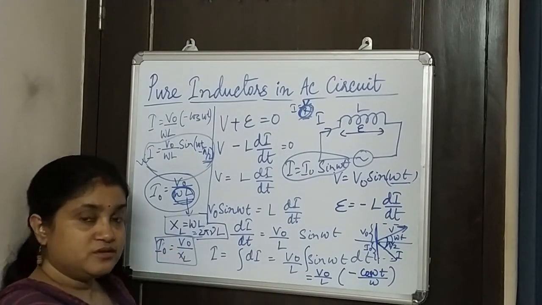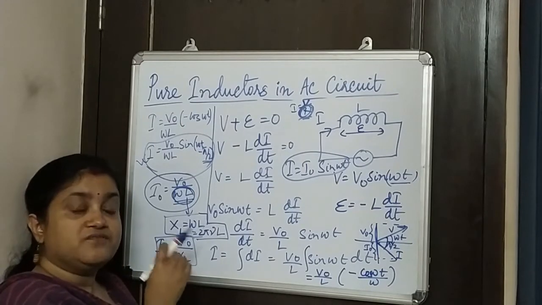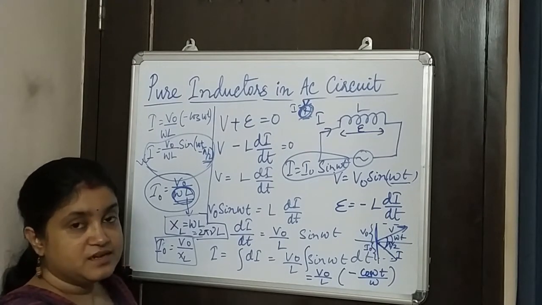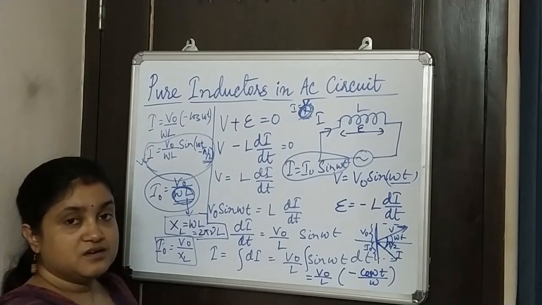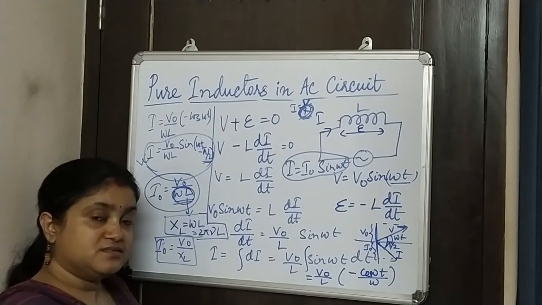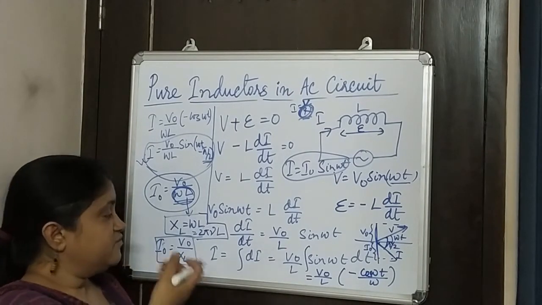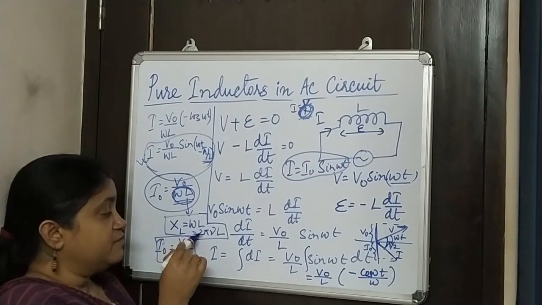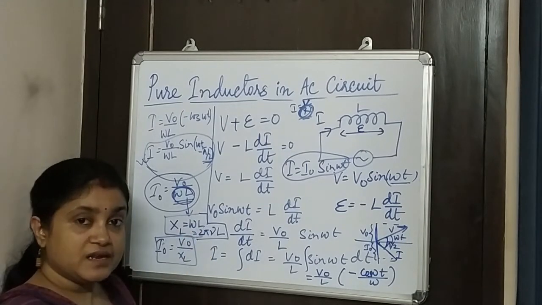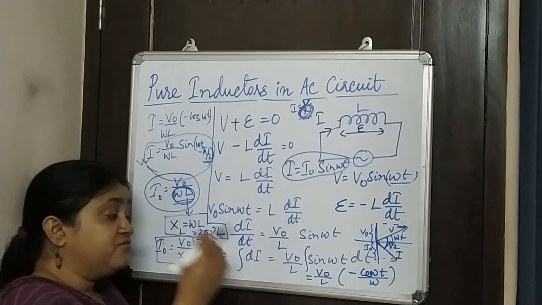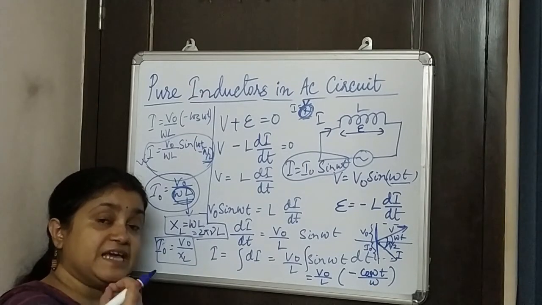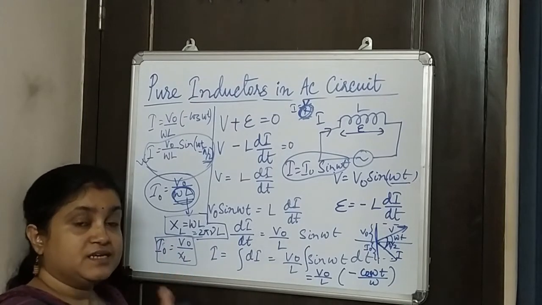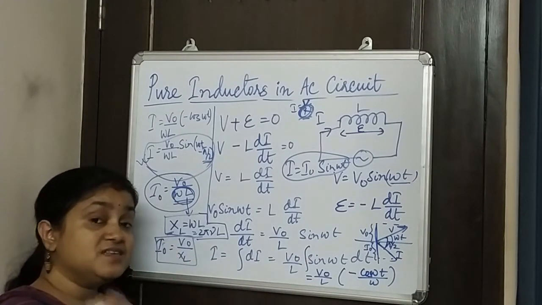So this is a very important concept. The SI unit for reactance is the ohm. Same as in a resistor, where resistance has the SI unit ohm, for the inductive reactance it is also ohm, and it is given by 2 pi nu into L. It means that if you have an AC circuit with a very high frequency, then this reactance is high.